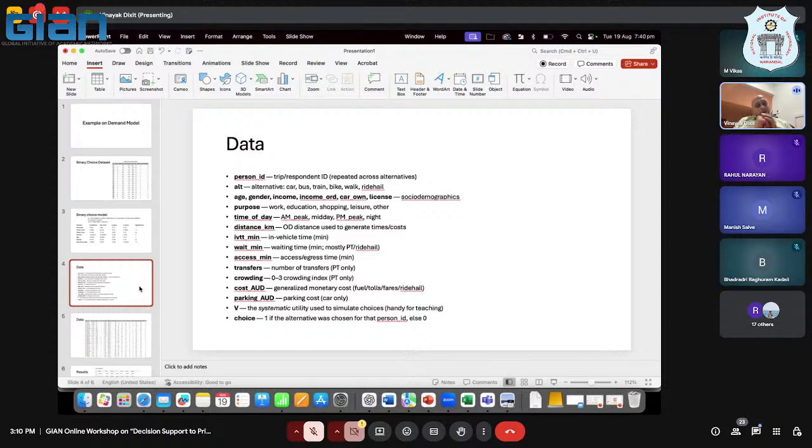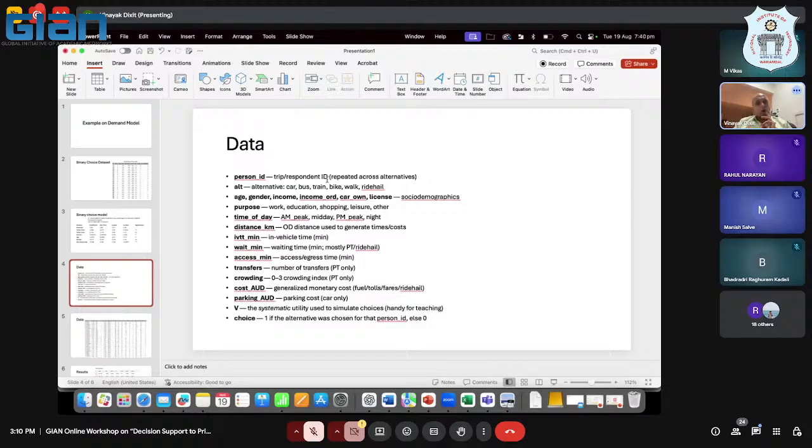The second data set I created was what's called a stated preference survey, right? In a stated preference survey, each person provides multiple responses.